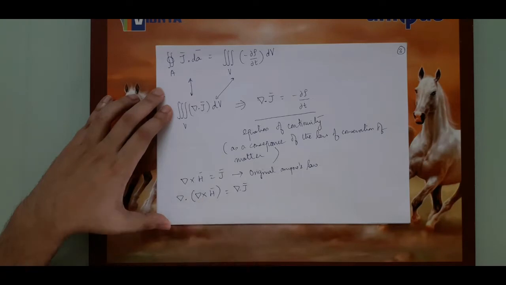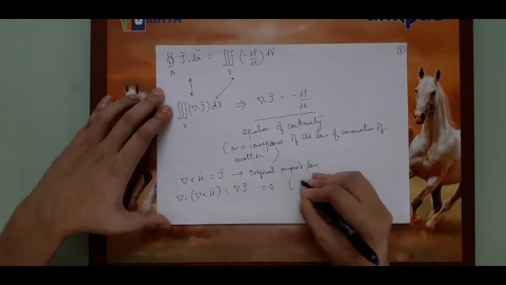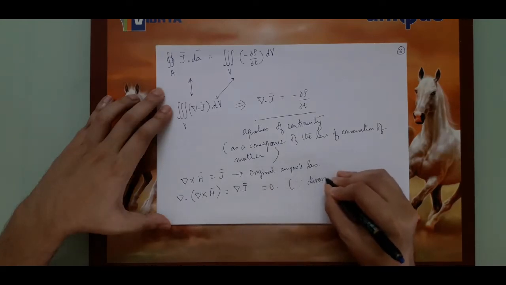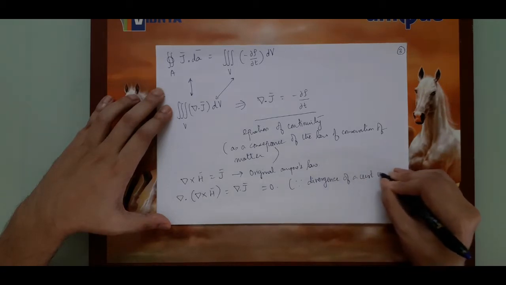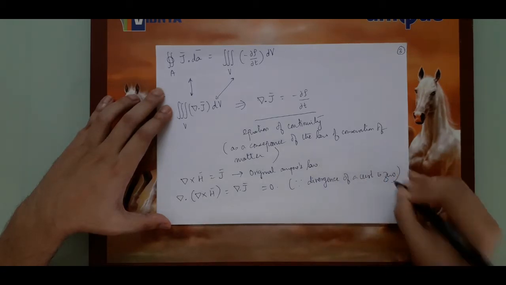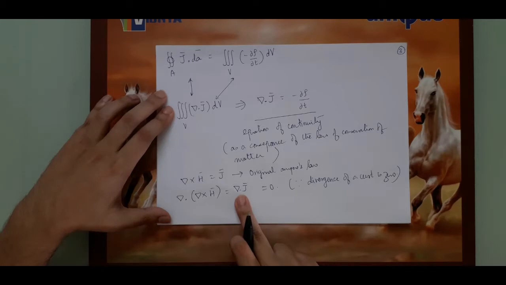You can also mathematically prove that the divergence of a curl is always zero. So therefore the divergence of the conduction current density vector is also zero.